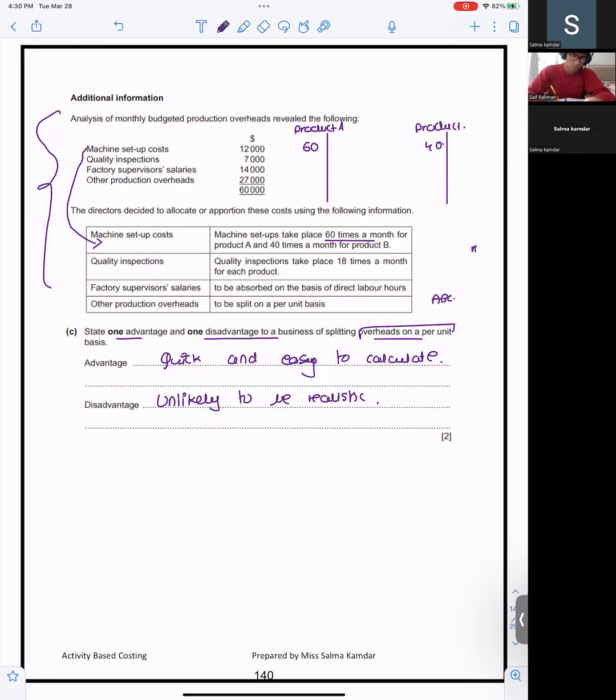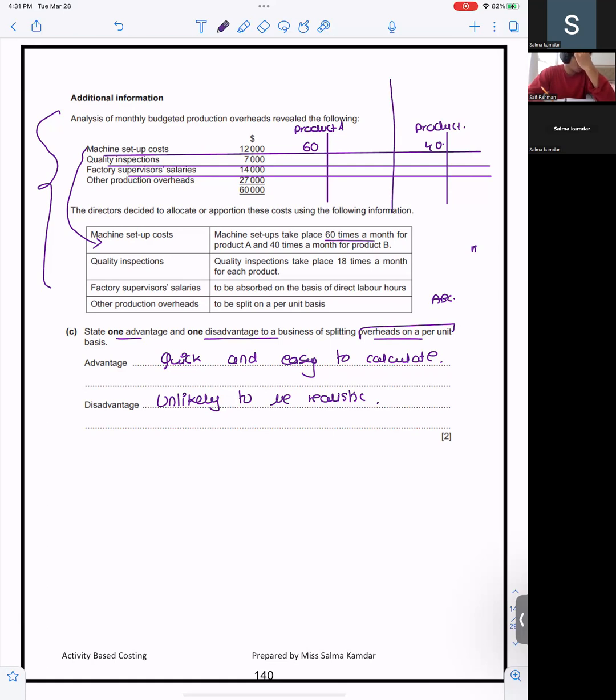How are you going to apportion this 12,000 between product A and B? 12,000 divided by 100, you get 120 per setup.